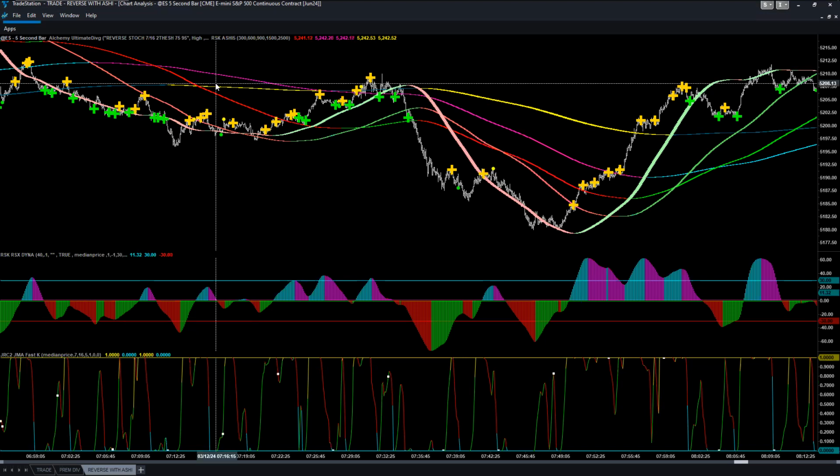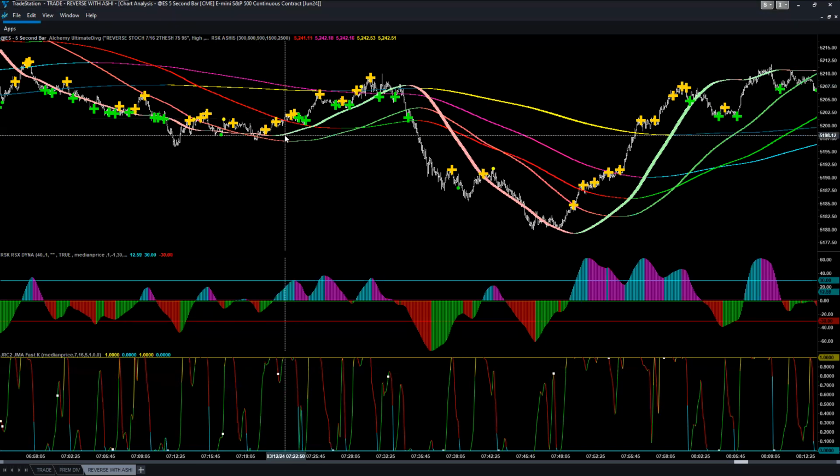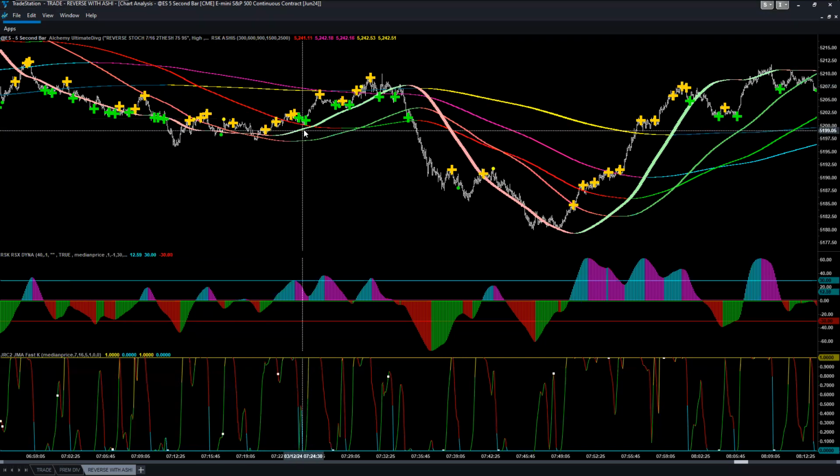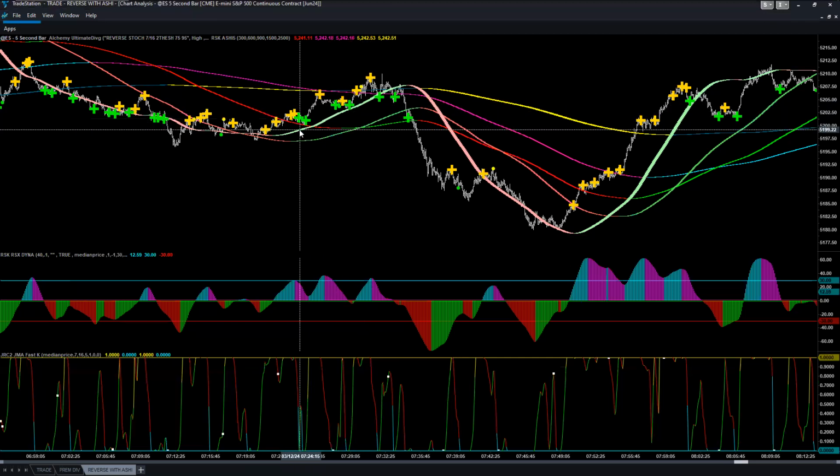Now, there's just a slight exception to this. Right here, close to the open, the fastest of your ASHIs is sloped up. So there is reason to possibly take a long trade. It's not going to last very long, and part of the reason you know that is because the bulk of the slower ASHIs have already turned.